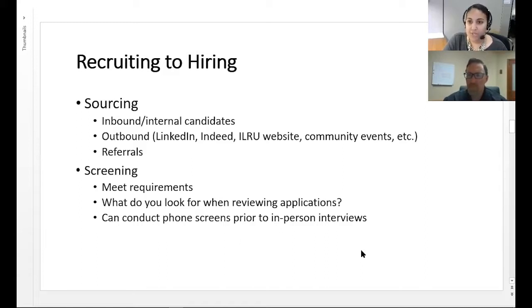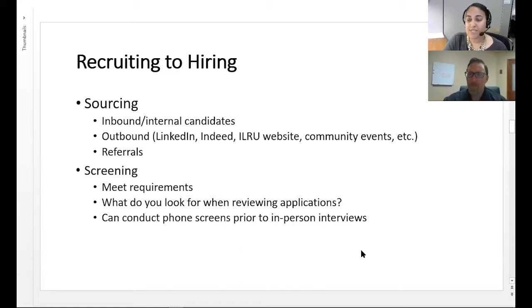Also look at community involvement. What we do in independent living, we're out in the community. So maybe they do a lot of volunteering, or they're just super involved in their community, and that's really important. And then also, of course, you want to look at leadership experience. You want people to come in who want to grow.